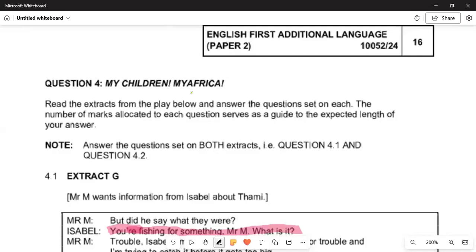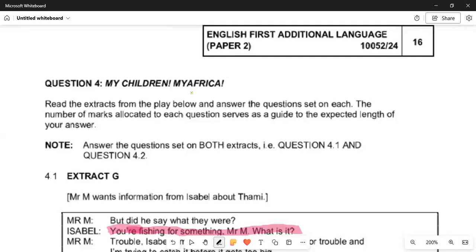She is a girl from Zolile, from Kemdebu High, and a friend of Tammy Mbikwana. Mr. M is a teacher who is very dedicated in his work, and he organizes a quiz for Isabel and Tammy based on the debate which is taking place.